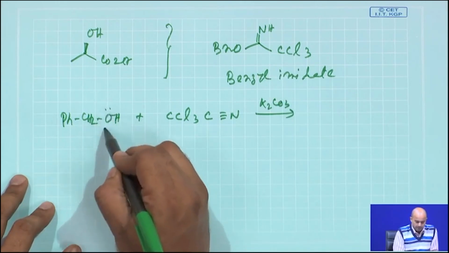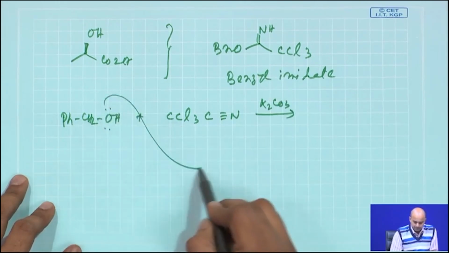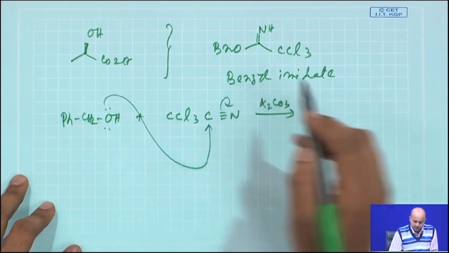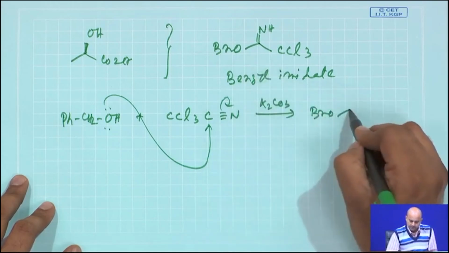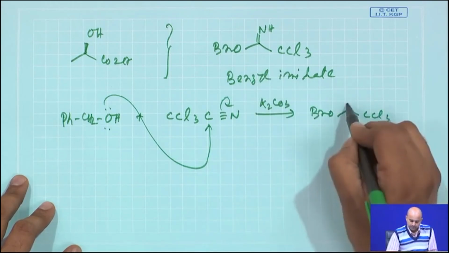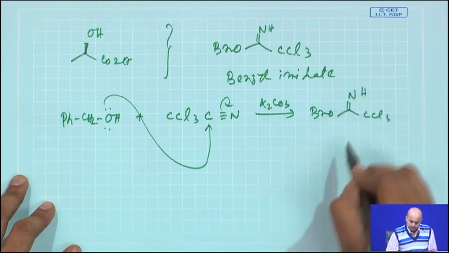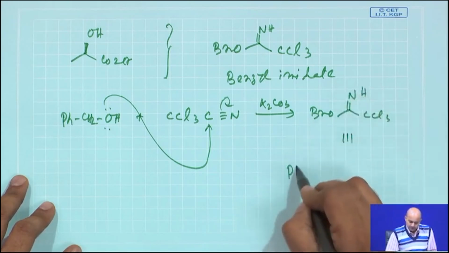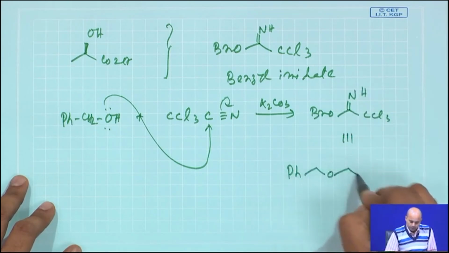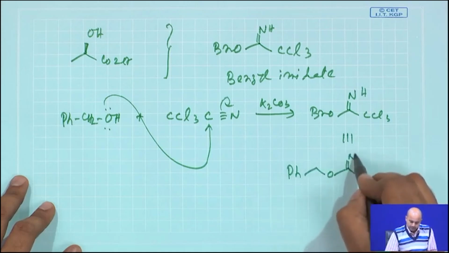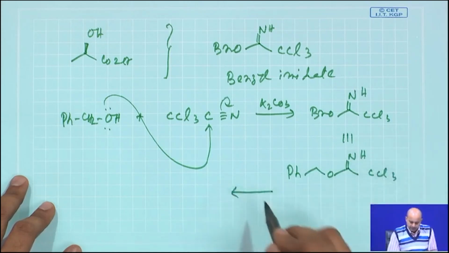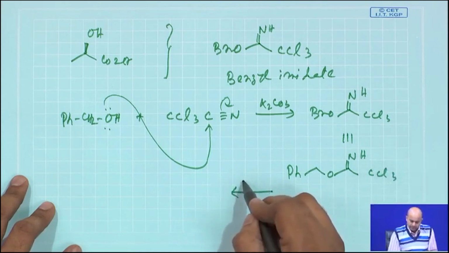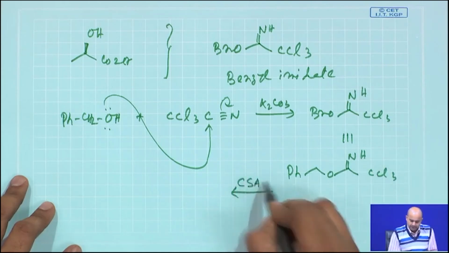So, this reacts here and initially gives you this imidate, whose structure is Ph CH2O, C double bond NH, CCl3. It cleaves in the presence of a pretty mild acid like camphor sulfonic acid.